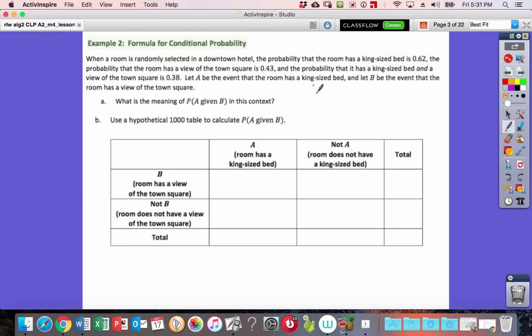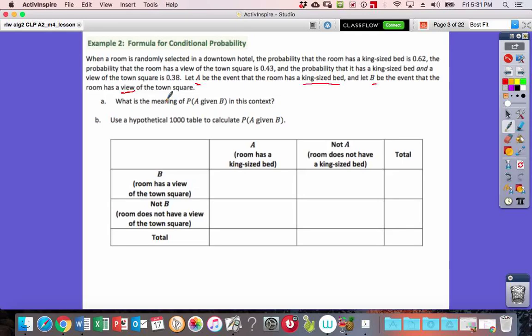Okay, we're going to talk about the formula for conditional probability. So let's read the example. You've got a room in a downtown hotel. A is the room has a king-size bed. B is the room has a view. Okay, and they're going to give us some information about it.